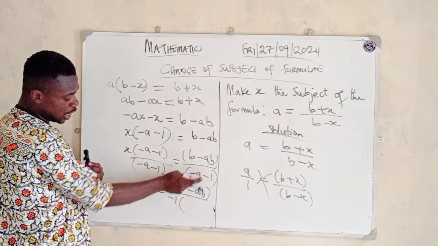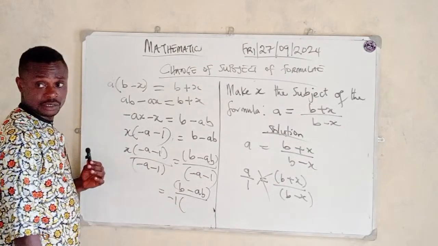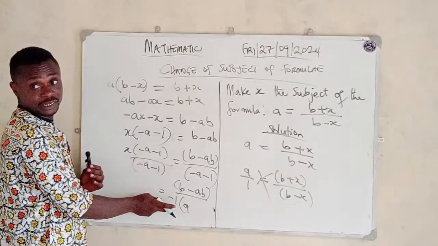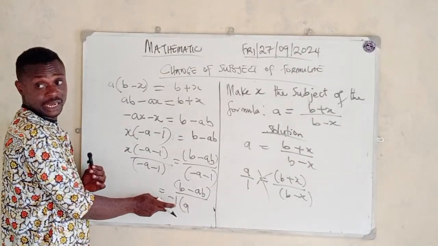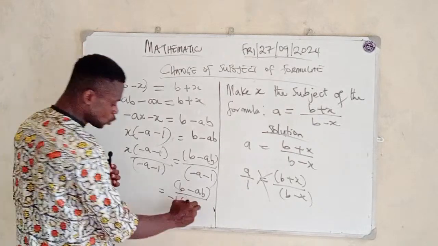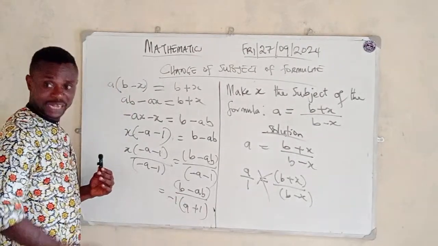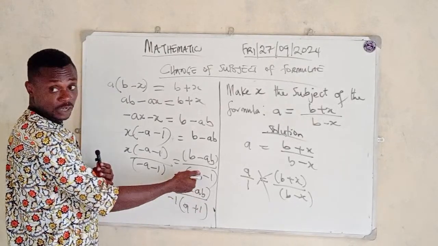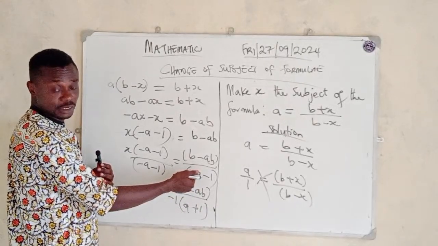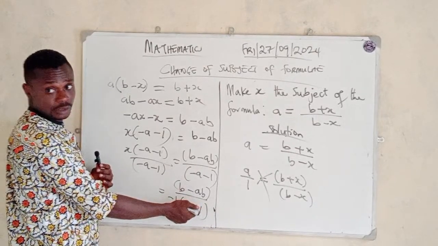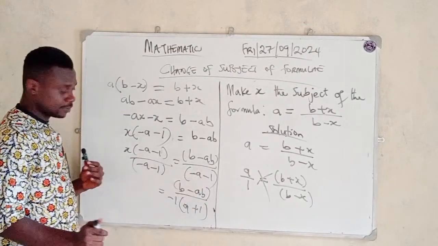Divide minus A by minus 1, and divide minus 1 by minus 1. You can test it. Open up again. Minus 1 times A is what? Minus A. Minus 1 times plus 1 is what? Minus 1. Is it clear now?